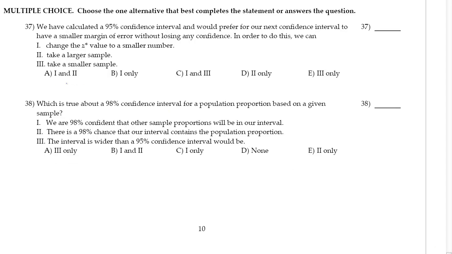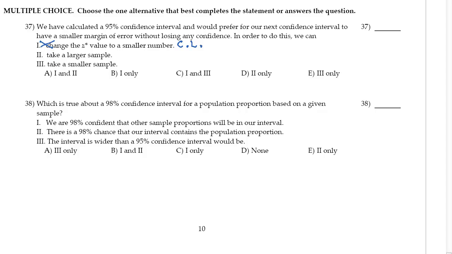Okay. 37. We have calculated a 95% confidence interval and would prefer for our next confidence interval to have a smaller margin of error without losing any confidence. In order to do this, if you change the z value, you change the confidence level. So you can't do that. All right?